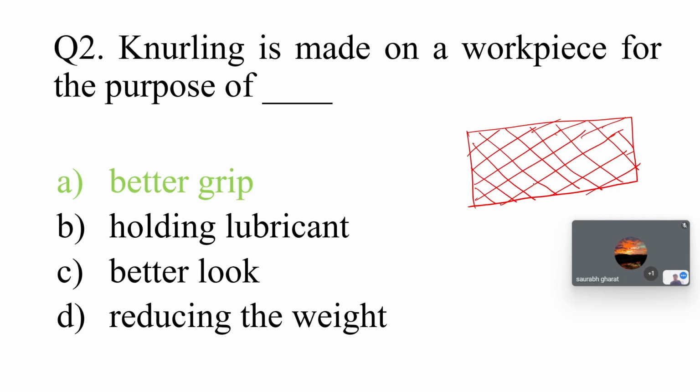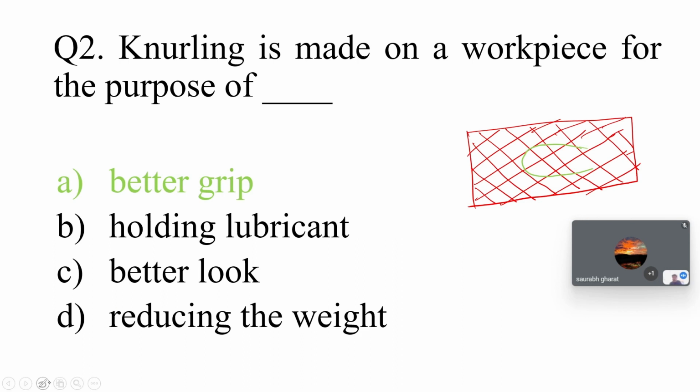Knurling is present on many things where we need to grip it, like screw micrometers, we saw this kind of arrangement. What is the use of it? To actually have a better grip. You can see here, if you place your thumb or any finger here, you can see the grip that you will get. To get a firm grip, it is used actually.